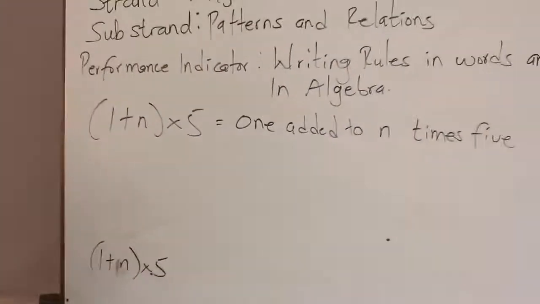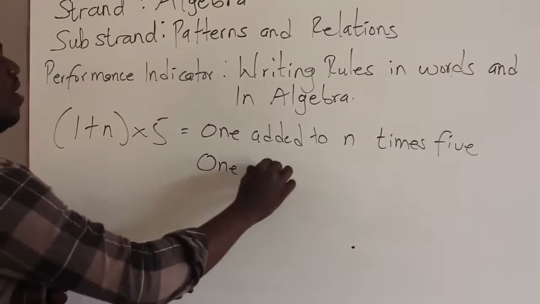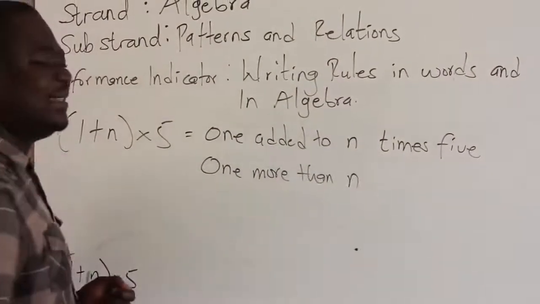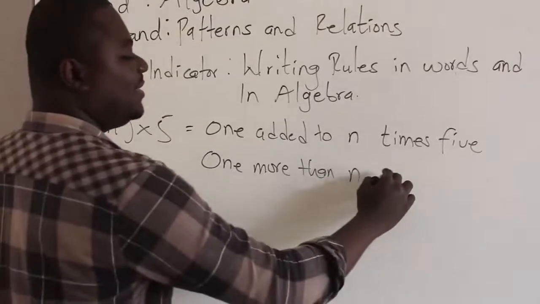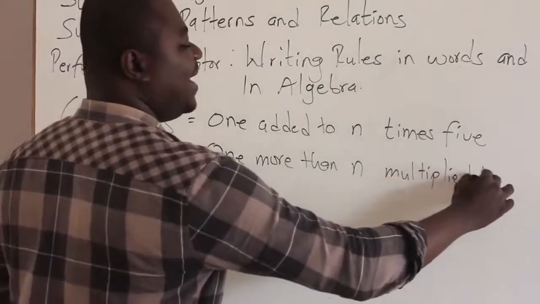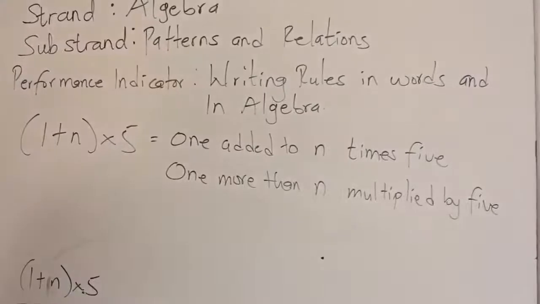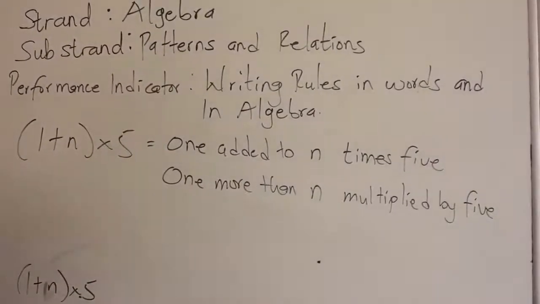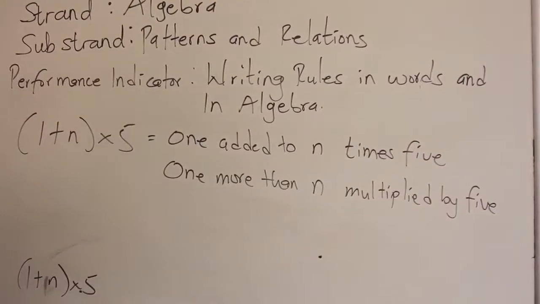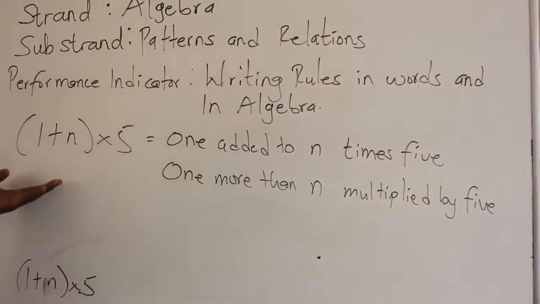Or we can have 1 more than n multiplied by 5. So there are many ways of using words to describe an algebra. So this is how we use words in describing this.